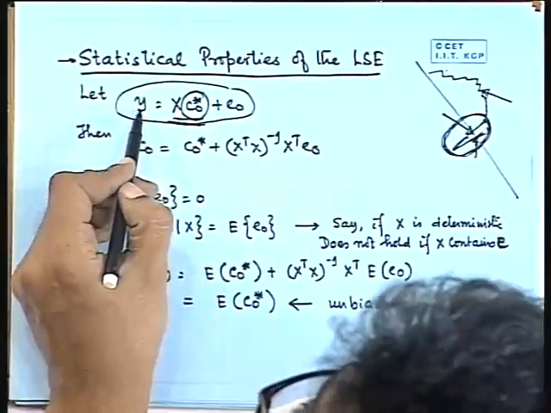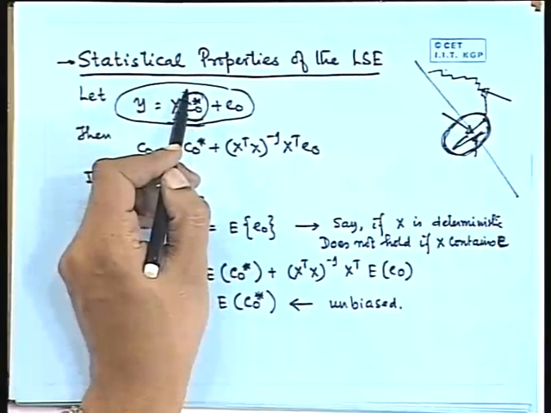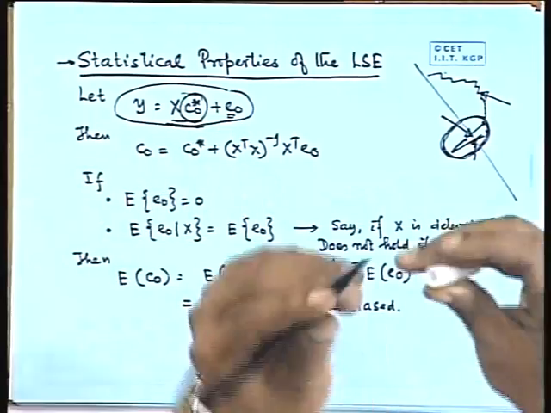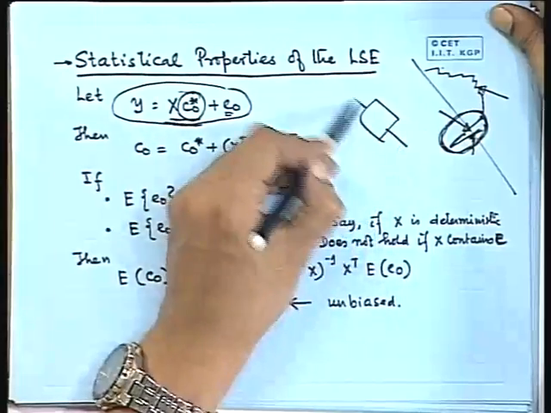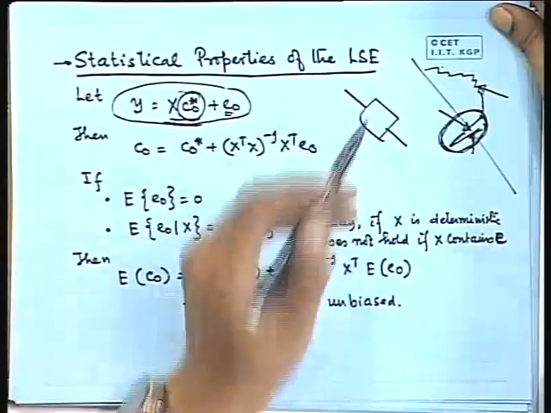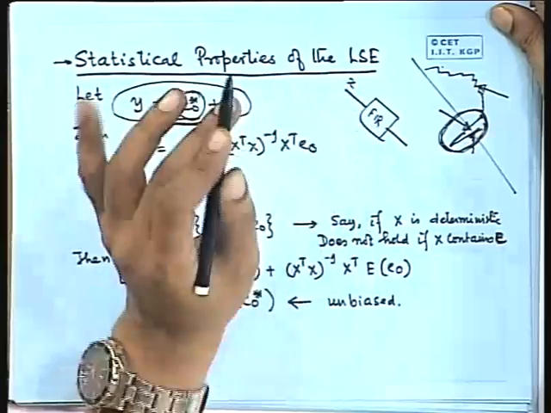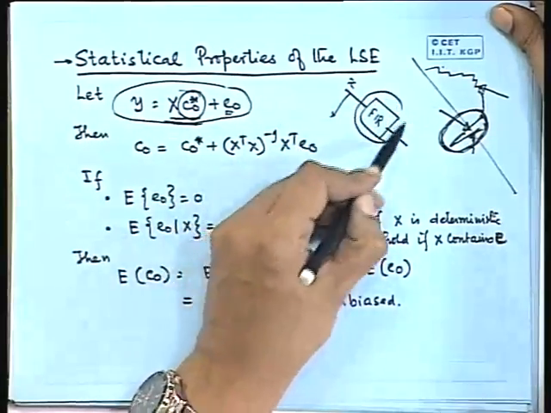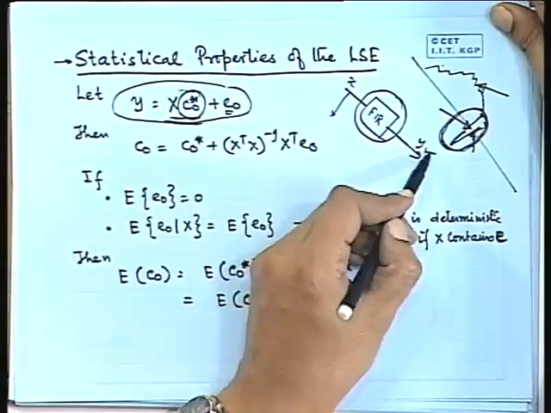Suppose y is actually generated with the same model that we are trying to assume, but the only thing is that there are some additional terms. It is as if the data y and x are actually generated using an FIR filter. Some x which you are measuring and some unknown FIR filter has generated y, the observation.